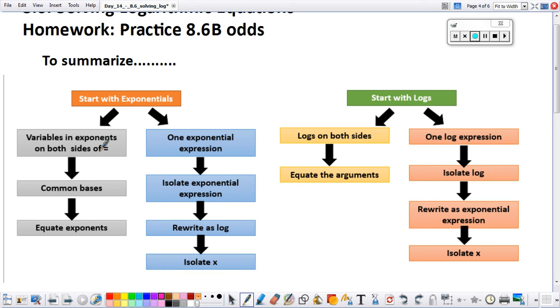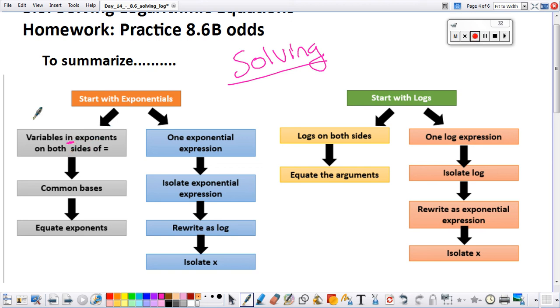Okay, so either your problem to solve, so this is for solving, you're either going to start with an exponential expression or you're going to start with a log. So if you start with an exponential, you need to think, do you have variables in the exponents on both sides?